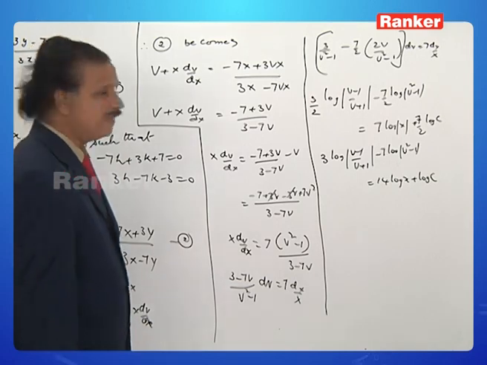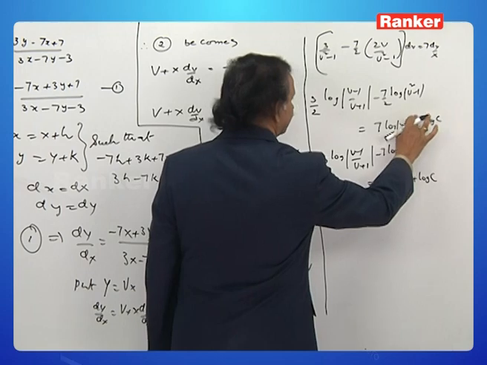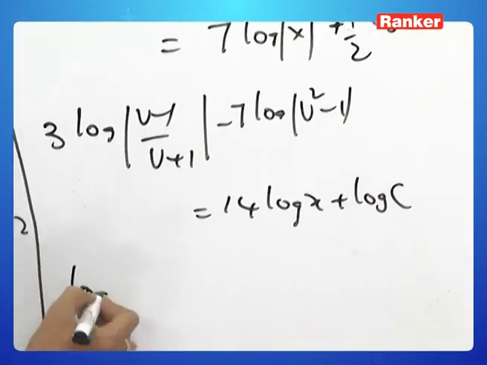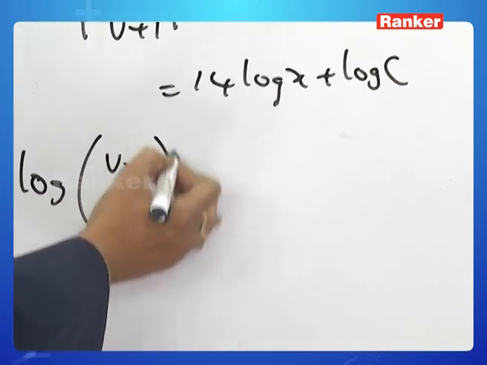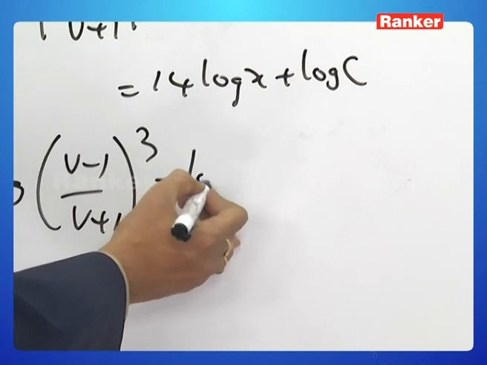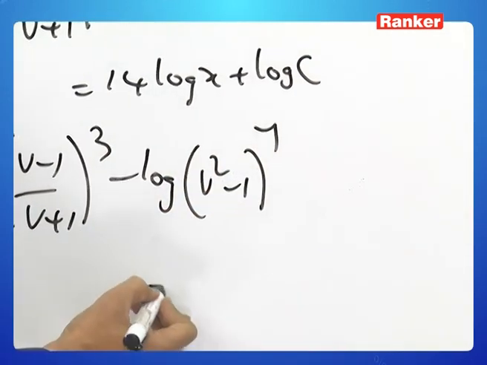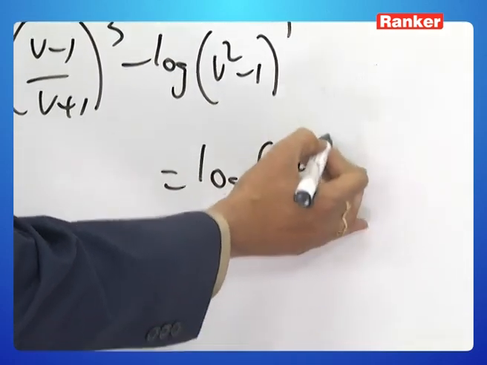If you put that, then 2 will be cancelled and let it be 1 itself. So log of v minus 1 by v plus 1 whole cube, minus log of v square minus 1 whole to the power of 7, is equal to log of x power 14 into c.